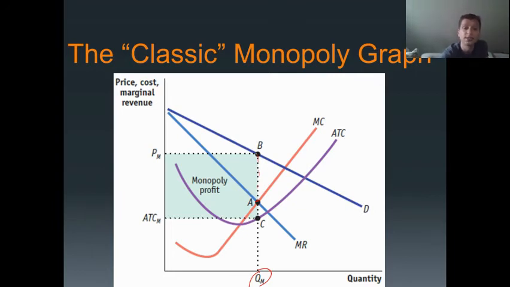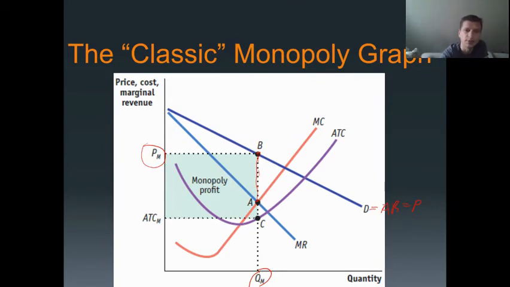So price is set by the demand curve, the quantity on the demand curve gets you your price. This firm is operating at a profit because your ATC is less than your AR. Your AR is on your demand curve. You could really add average revenue equals price to the demand curve.